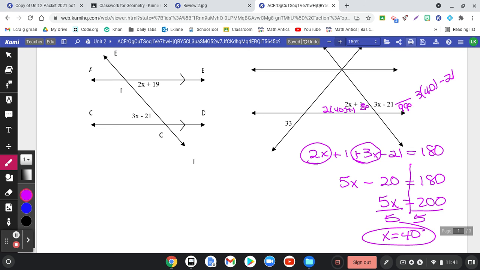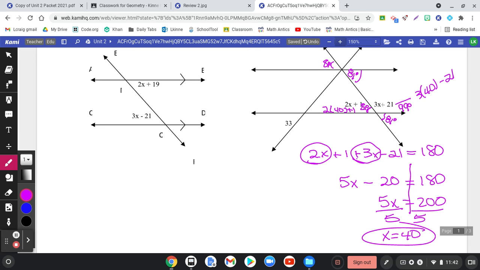All right, we've got everything we need, and let's just start labeling. Since this one's 81, so is this one because they're vertical. Since that one's 81, so is this one, because you could say it's corresponding to this one or it's alternate interior angle with that one. And then this one's 81 also because it's vertical with that top angle.